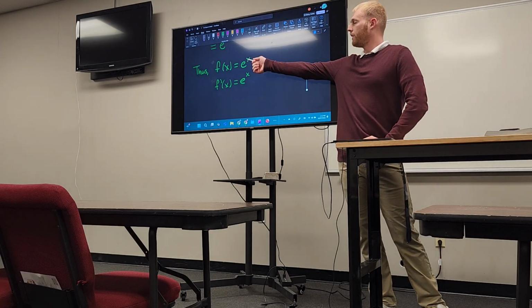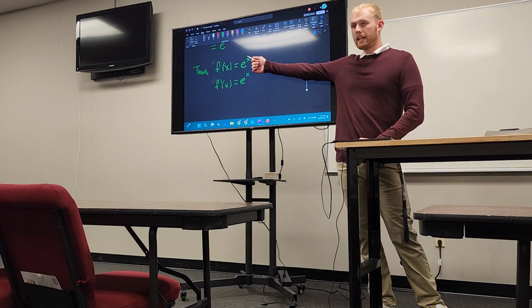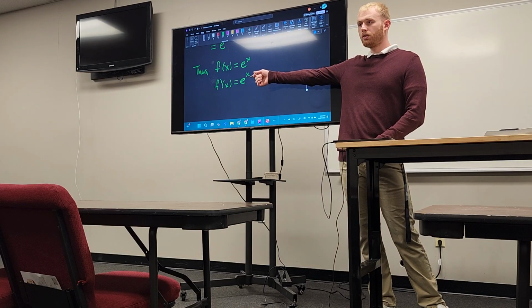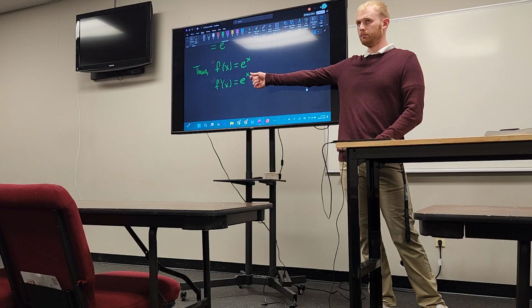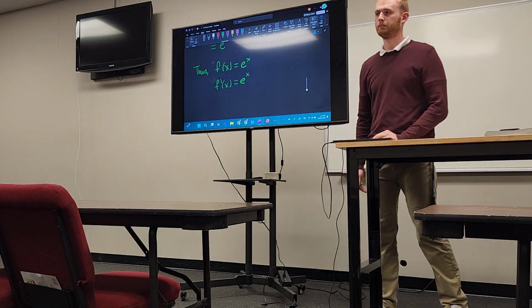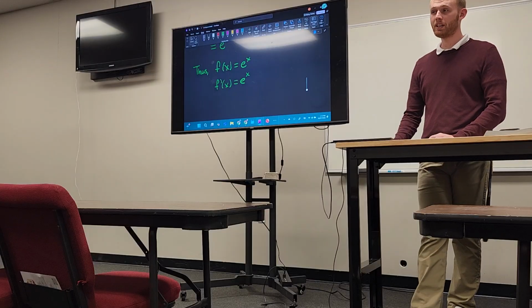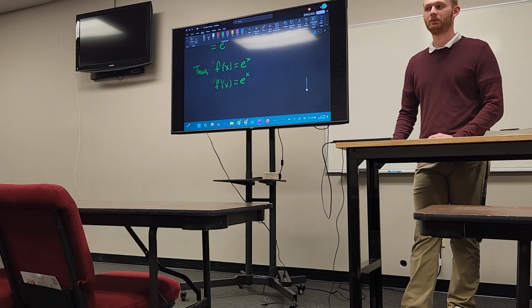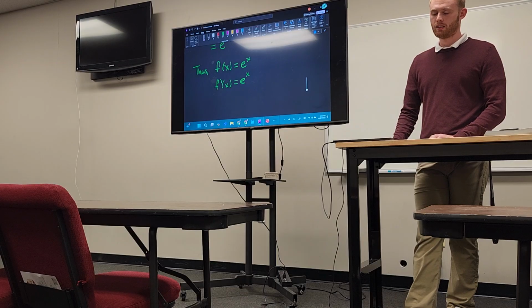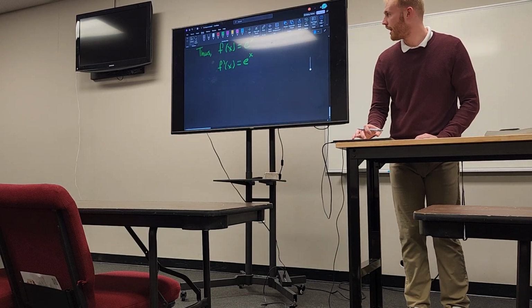If you put in an x value here, 3, you're going to get some number, and that will be the point. But then the rate of change at 3 is going to have a slope of the same y value. It's crazy. It's very cool though. Let that sink in.